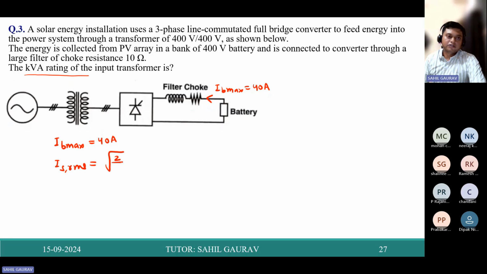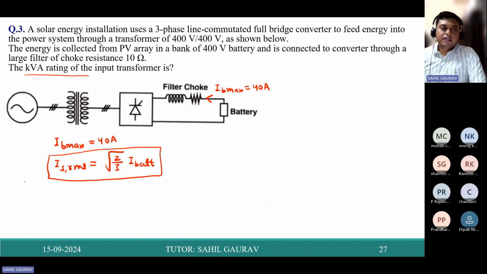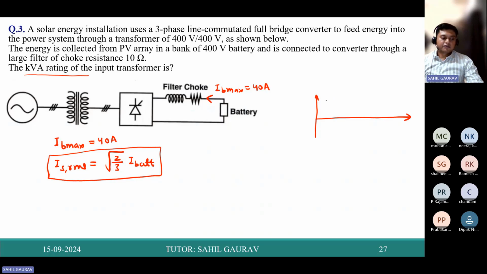So IS RMS we will get equal to √2 upon √3 times I battery. So how is it coming? We have to go to the undergrad course, where we have the controlled rectifier. In the controlled rectifier, the source current IS conducts for 240 degrees.